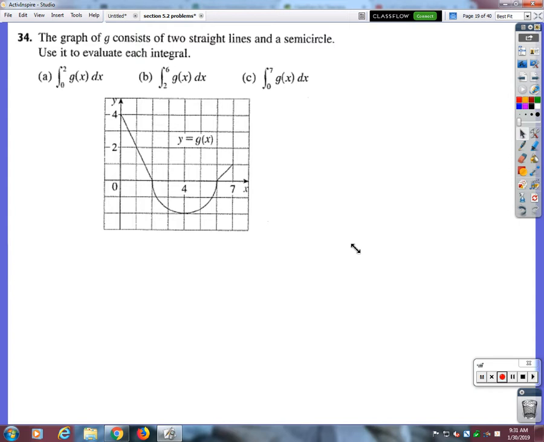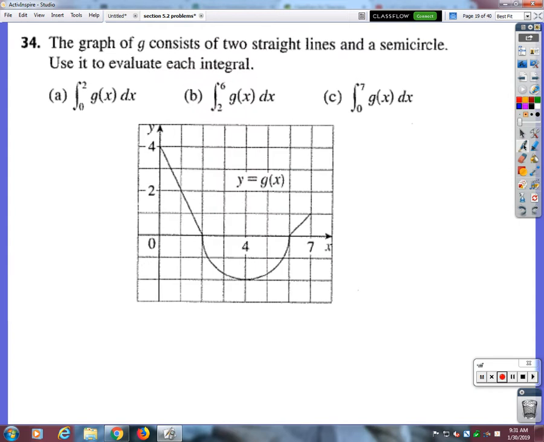34b. So when it says the integral from 2 to 6 of g of x dx, that means find the area between the curve and the x-axis, between 2 and 6, okay? So that's from here to here. So that region is a semicircle, I believe.